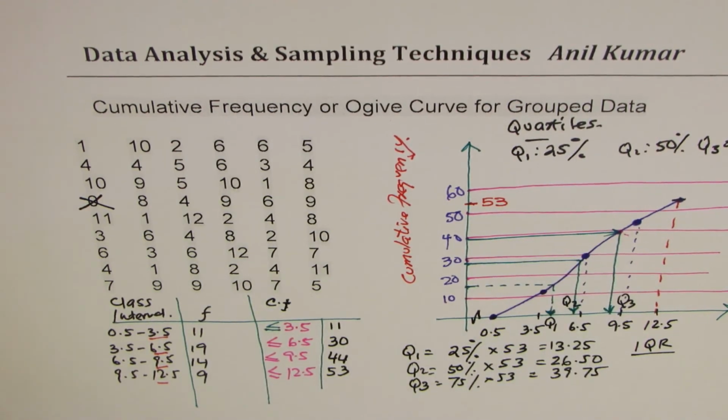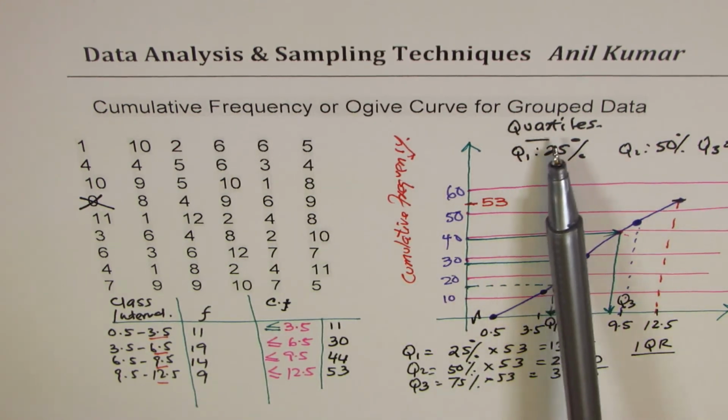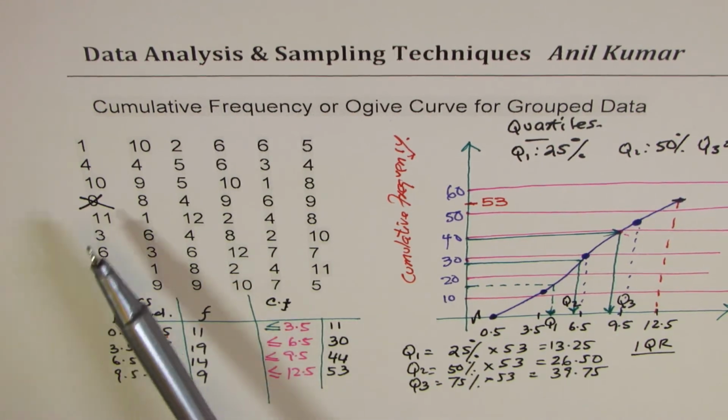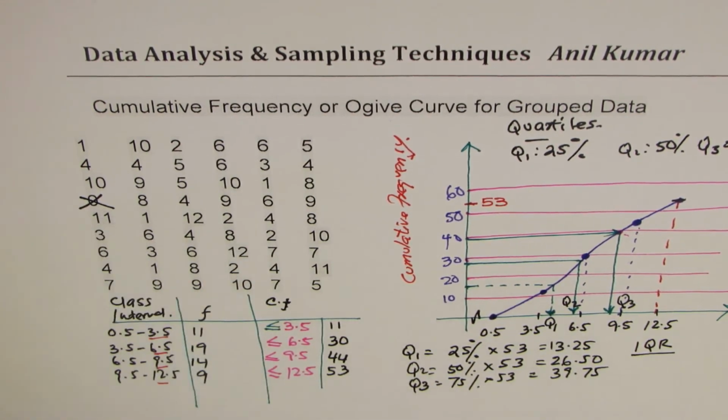Now this is very important, especially if you have a lot of data elements to work with. The key is to remove the outliers and then work with the rest of the data. Perfect. So 0 was an outlier which we removed, and then we decided on the class interval based on the range of the data. Since the range was 12, we just took a class interval of 3.